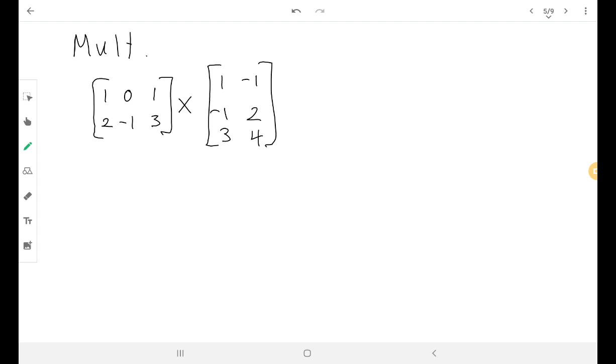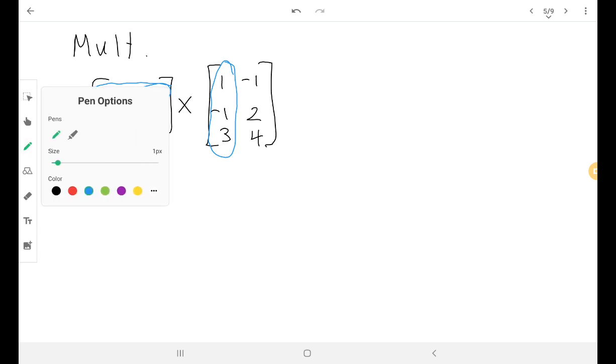Now let's do an actual multiplication problem, and I'm going to show you how multiplication of matrices works. Now this is fairly complicated and fairly involved, so if you've got questions, make sure that you let me know, okay? Here's how it works. You take the first row of the first one and the first column of the second one.